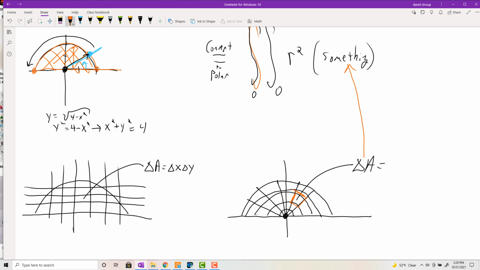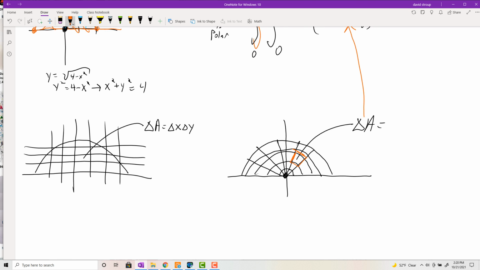Okay, all right. What is that thing? Well, let's pretend the bottom curve here is r1, and then this top curve here we'll call r2. And then these two lines here we'll say are theta 1 and theta 2. Then we're going to rename those.